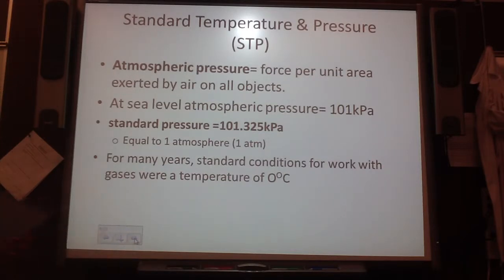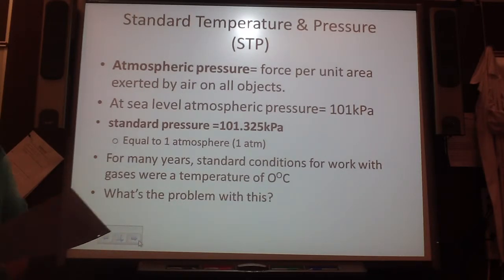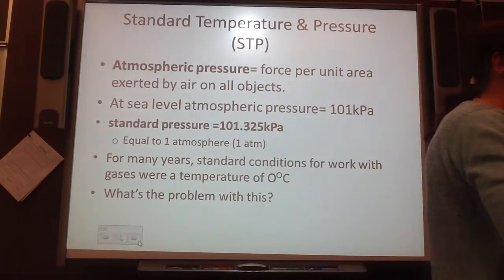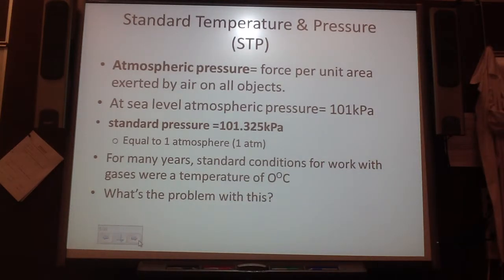For many years, standard conditions for work with gases were at a temperature of 0 degrees Celsius. Why is that a problem? If all scientists say, when you work with gases, you should work at 0, that's a little cold. I wouldn't want to work in a lab that is 0 degrees Celsius.